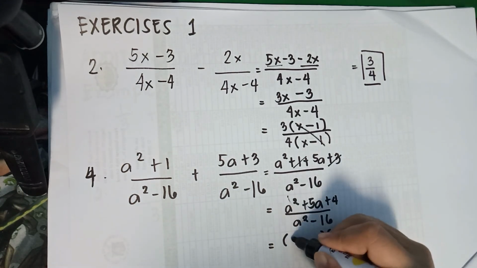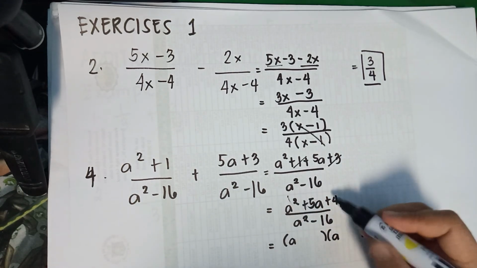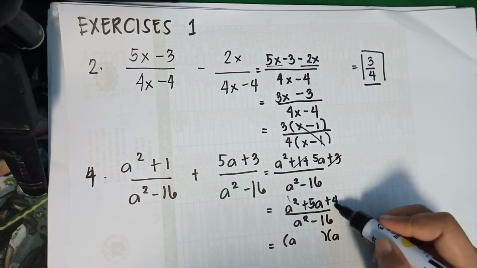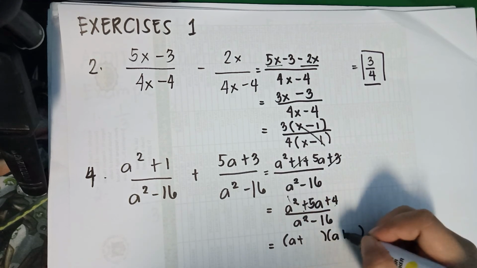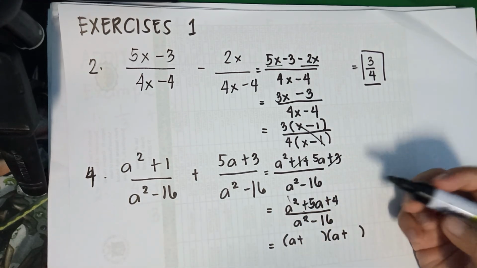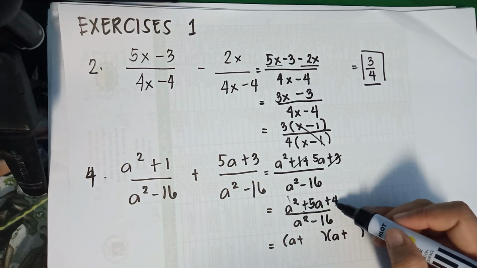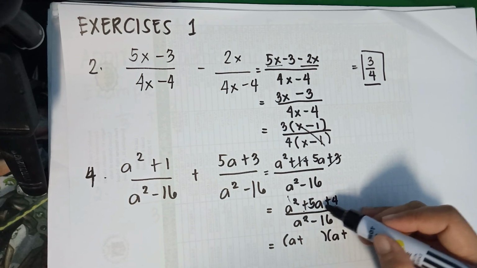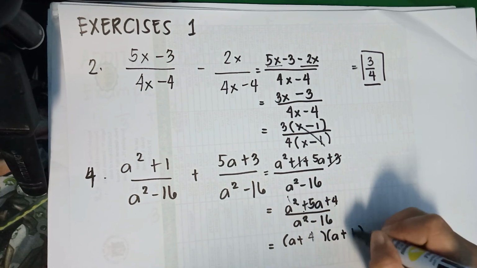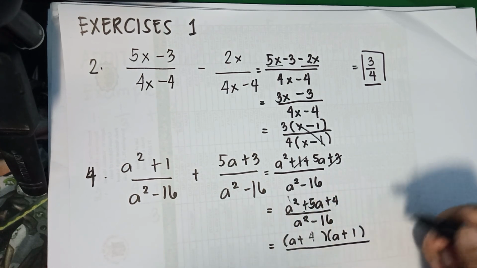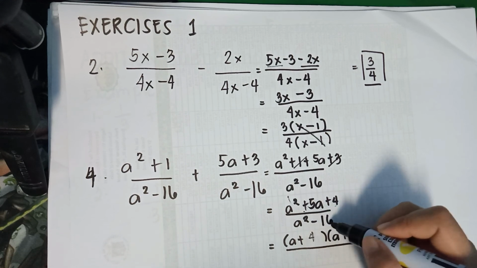And we have a and a. Next, since our last term is positive and the middle term is positive, then the signs are the same, which are positive. And what will be the factors of 4 that if you will add, the answer is 5? That is 4 and 1 over a squared minus 16.